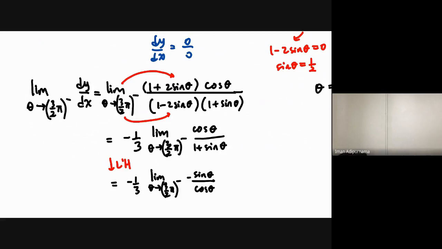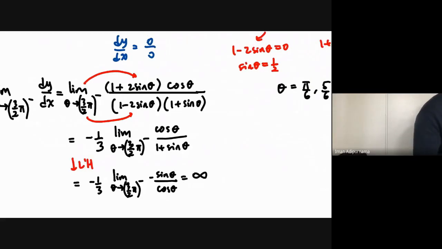And if we plug in here, what will happen? Undefined, okay? So we can write this will be undefined. So is it horizontal or vertical? It's undefined, vertical. That's how you get the answer, vertical.